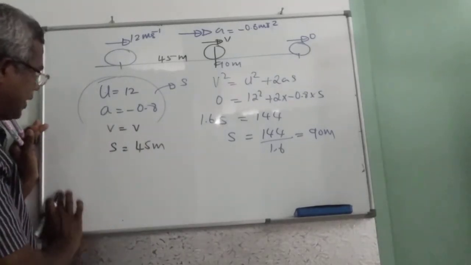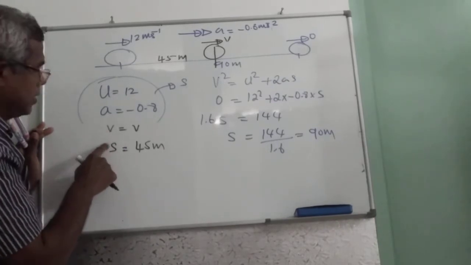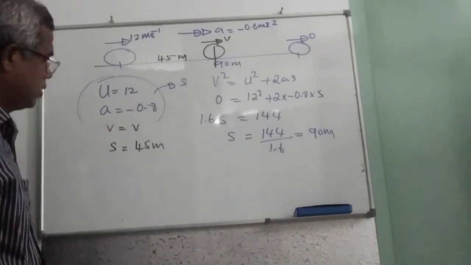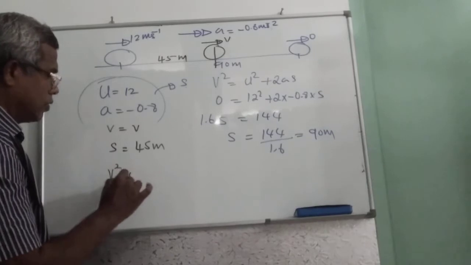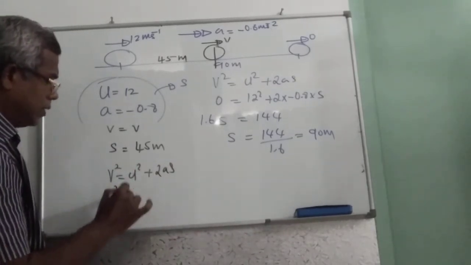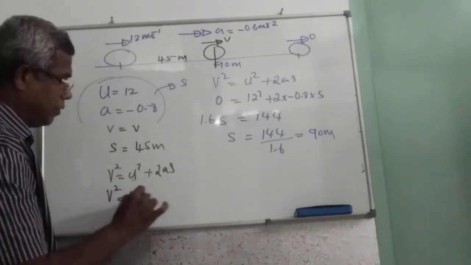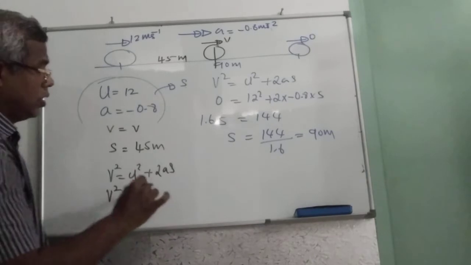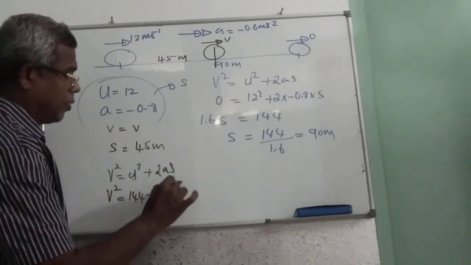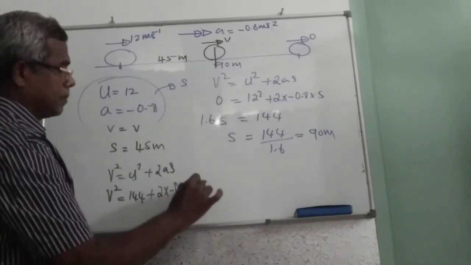So again, using the same equation, v squared equals u squared plus 2as. We are finding v squared. u squared is 12 squared, which is 144. 2 times the acceleration is minus 0.8, and the displacement is 45. So v squared is 144 minus 45 times 1.6, which is 72.